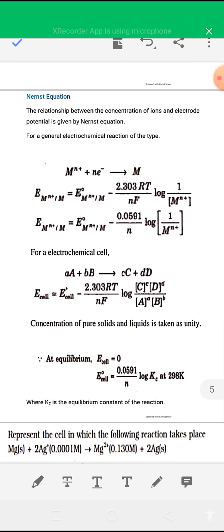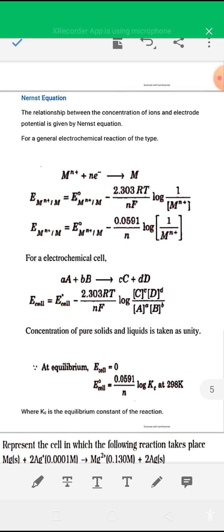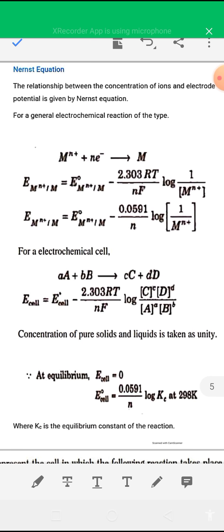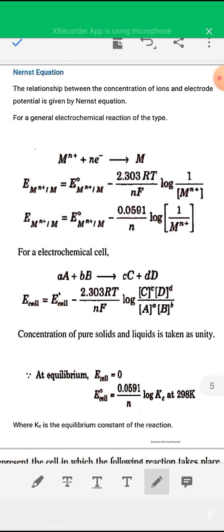Now see the Nernst equation. What is the Nernst equation? Using this equation you can calculate the electrode potential or cell potential. It is a very important equation.